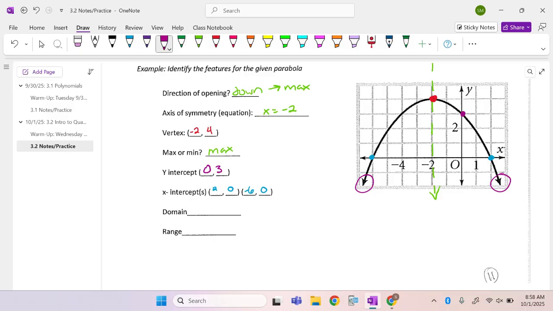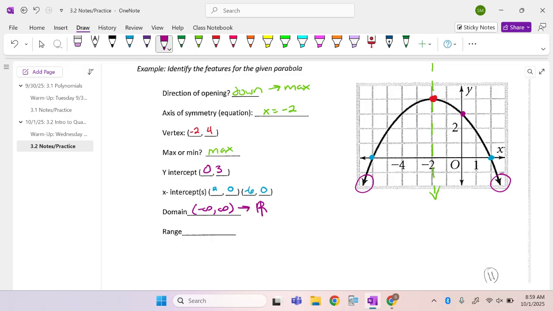That means it keeps going on forever. So, what's the lowest x value? What's the highest? Right. So the domain is from negative infinity to positive infinity. Another way you could state that is all real numbers. If you want to shorthand that, that's a capital R with a line through it.